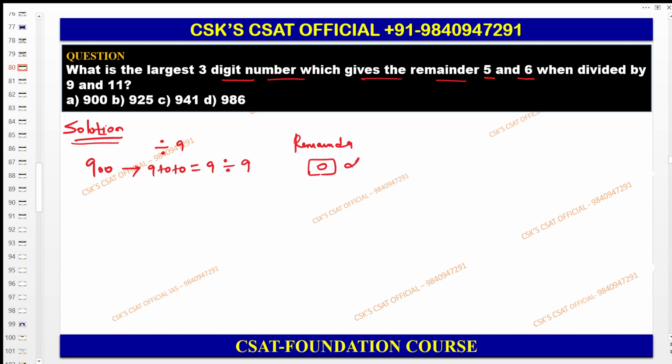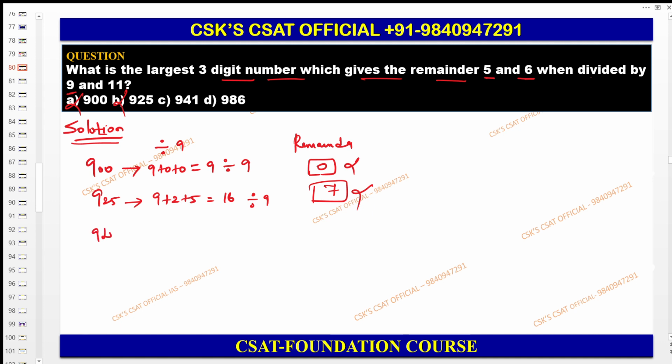I hope you are getting how to do these things. Now let us move on with 9 2 5, since you need the remainder as 5, not 0. Now 9 plus 2 plus 5 is 16. When you divide this by 9, you get the remainder 7. You are not getting the remainder 5, so leave it. We can eliminate two options, right?